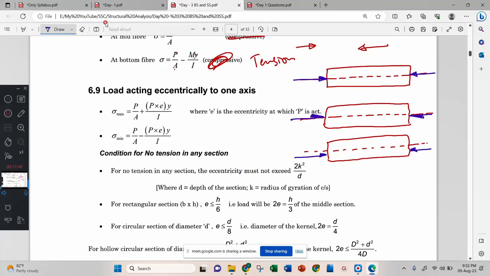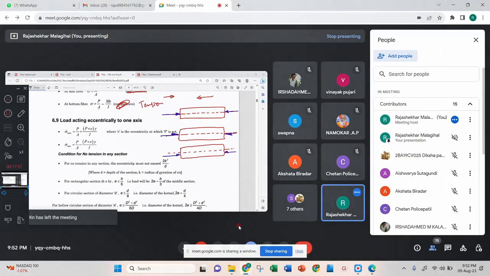What happens? First one, what happens? Compression. First one is pure compression.